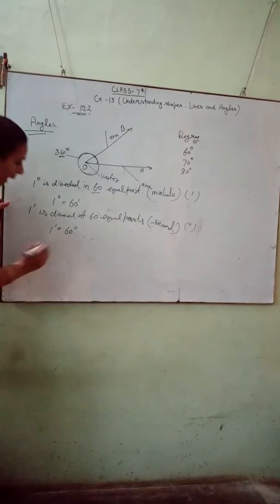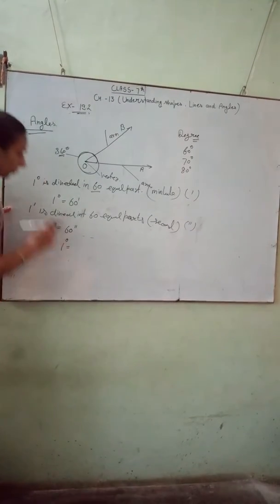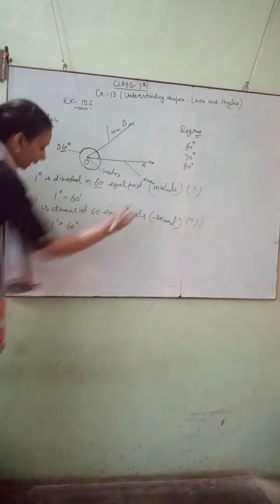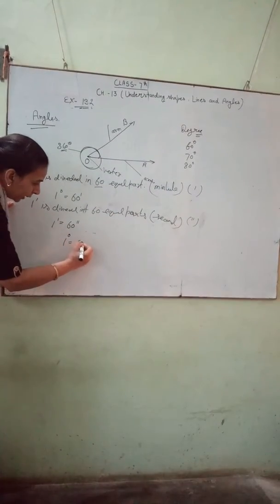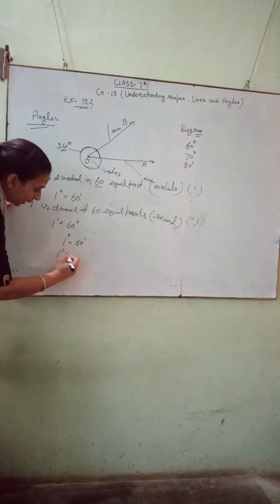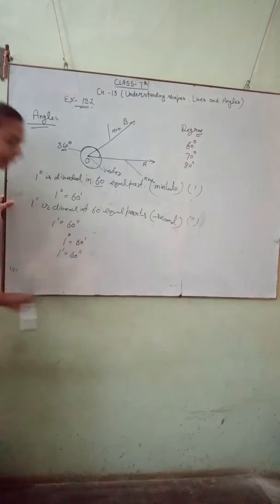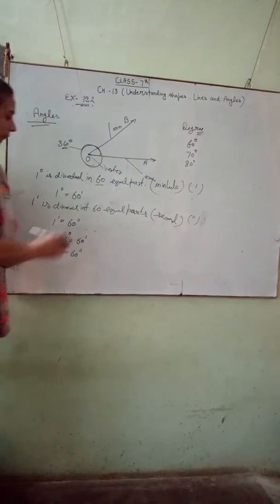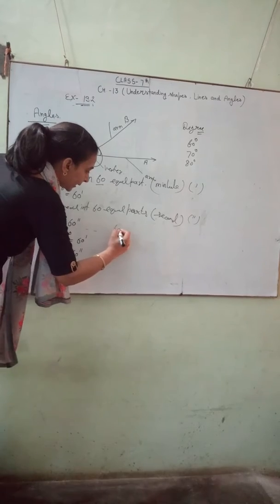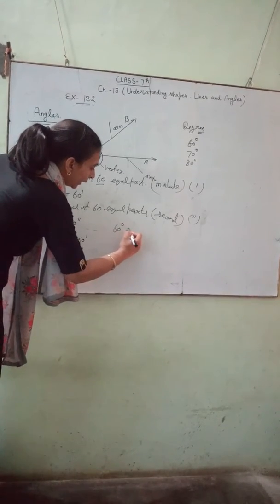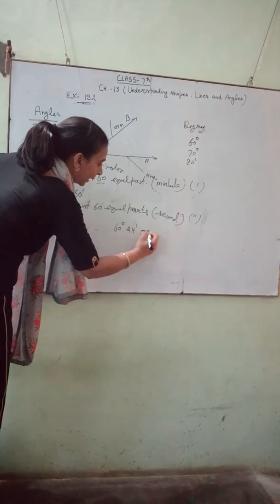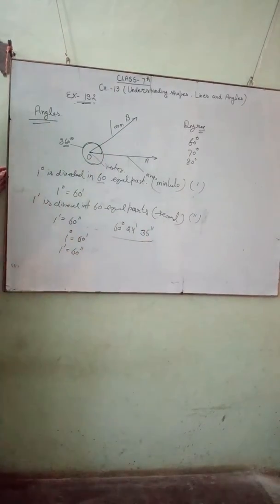Clear, students? 1 degree is divided into 60 equal parts, and each part is a minute. 1 degree equals 60 minutes, and 1 minute equals 60 seconds. We can also write an angle this way, for example 60 degrees, 24 minutes and 35 seconds.